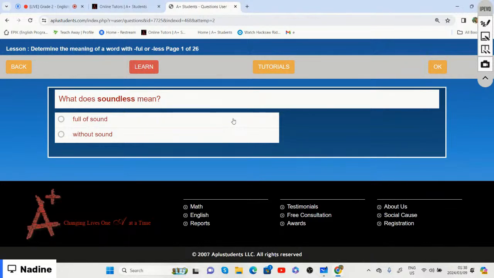So full of sound or without sound? All right, and if we choose the correct one, then we will say soundless means without sound, right?